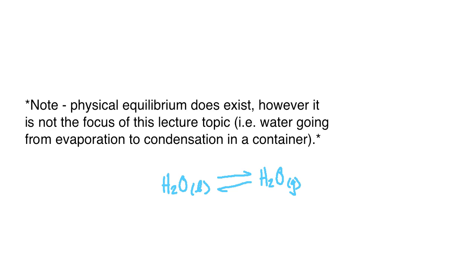This is an equilibrium, but this is a physical equilibrium because there's no chemical change in the water. It is simply going back and forth between two physical states. So keep that in mind, set that aside as something different. It does exist, but the focus of this topic is chemical equilibrium.